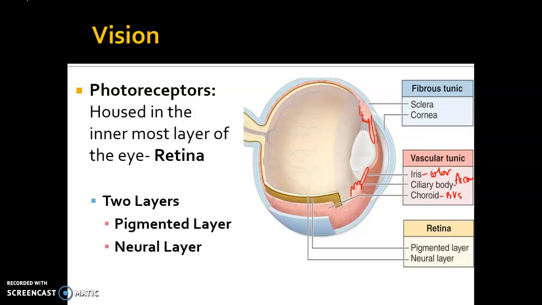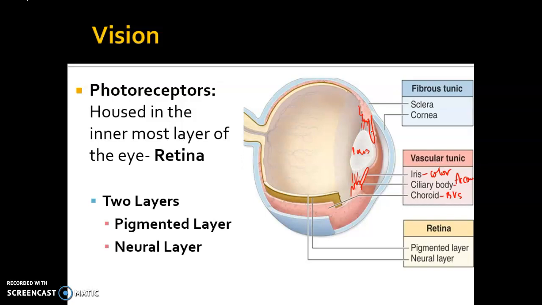It's not only the choroid that has blood vessels, all right? And also from the ciliary body, we have the suspensory ligaments, which are holding the lens in place.